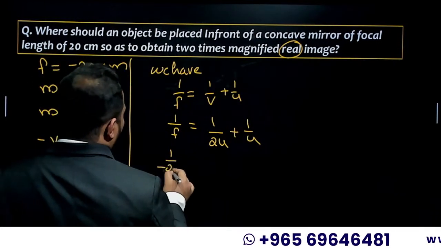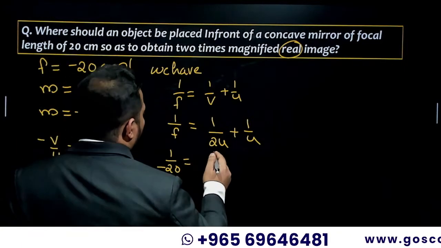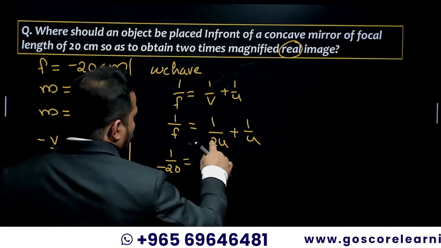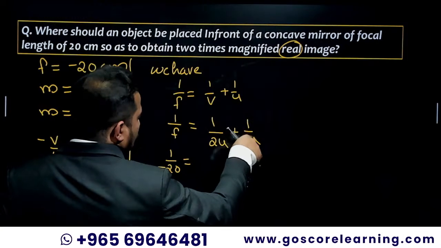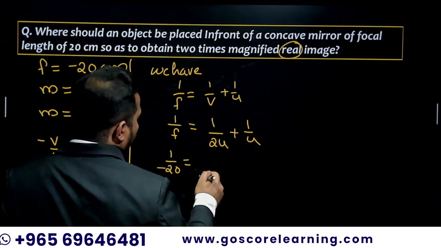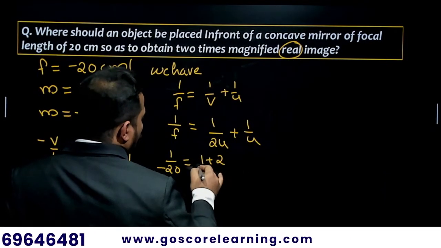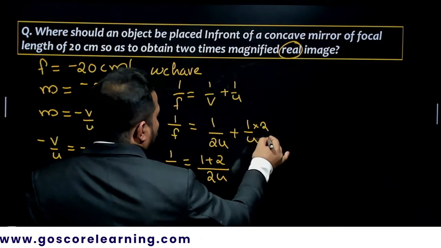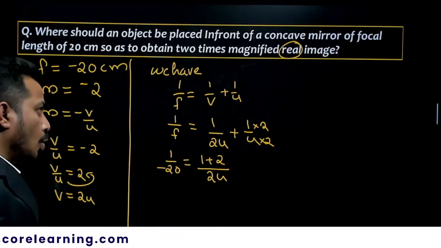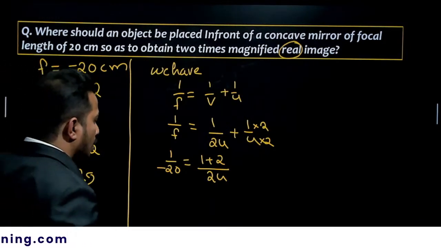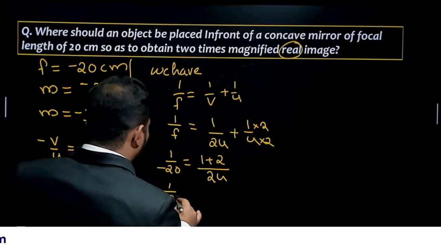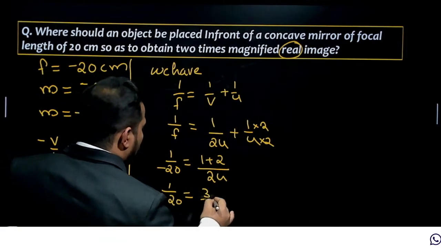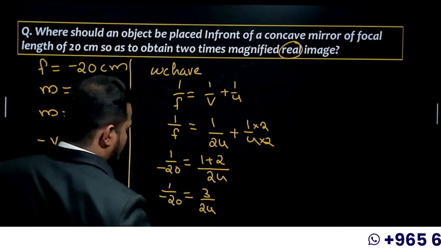Minus 20. So 1 by minus 20 is equal to, we can take the LCM, so 1 plus 2 divided by 2U, so 1 by minus 20 is equal to 3 divided by 2U.